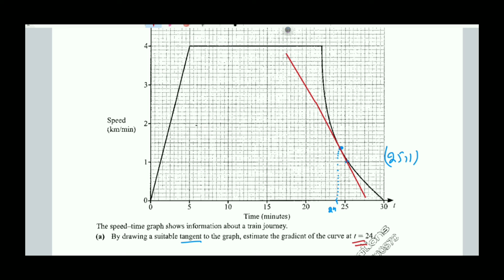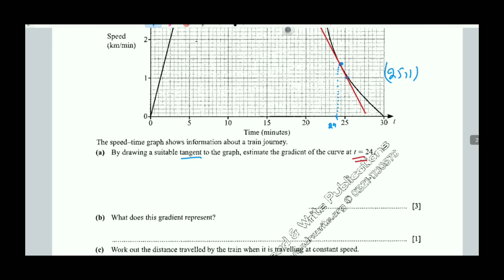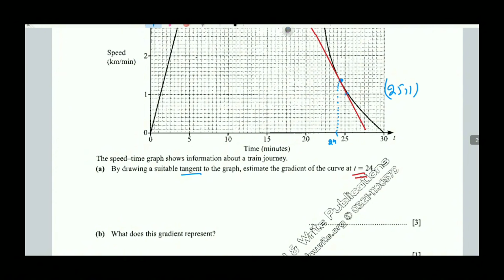Okay, so I can take another point, this one, that is 20 and 3. You can take any 2 points on that tangent and you can find the gradient. So 3 minus 1 over 20 minus 25, that is 2 by minus 5, and that is minus 0.4.